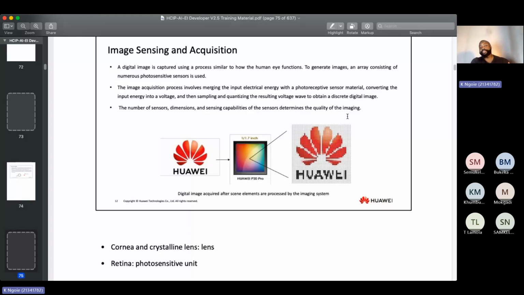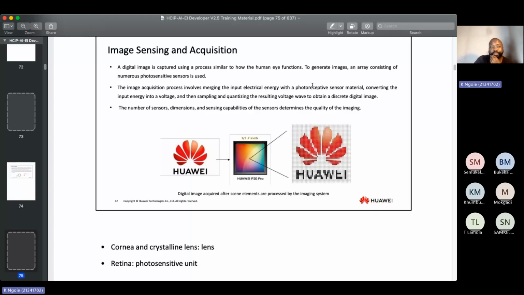To acquire a certain image, the device takes input energy with the photoreceptive sensor material on that device. That converts the input energy into a voltage. Then that voltage is quantified, resulting in a voltage wave that yields a digital image.